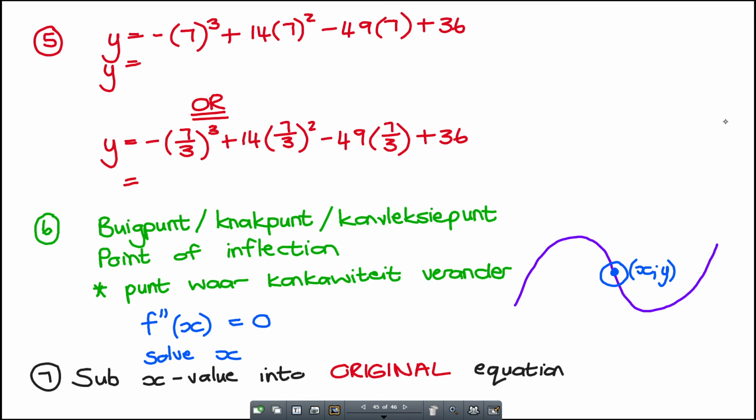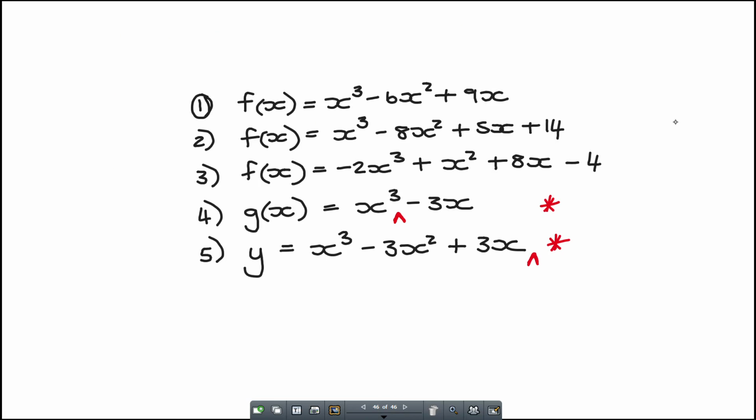Okay, so if I have, ek gaan nou sommer gou praat van fx, né? fx was minus x to the power 3 plus 14x squared minus 49x plus 36.